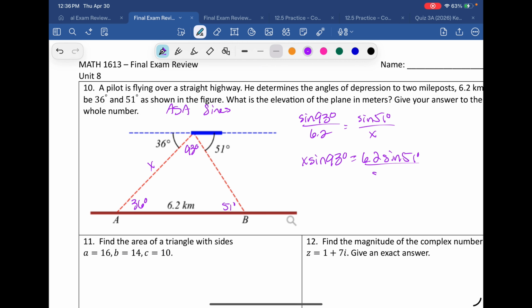Divide. I'm not doing great with this problem. There we go.